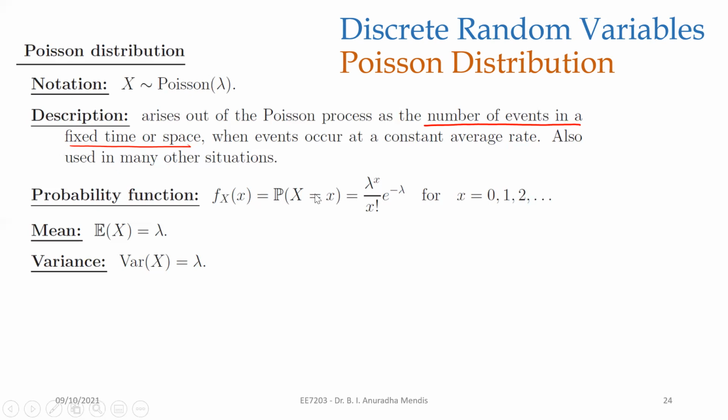This capital X is the random variable, and small x is a specific value of that random variable. So the random variable is the number of events in a fixed time, given a constant average rate of those events happening. You can obtain that probability by using this formula. This is what we call Poisson distribution. The mean value is lambda, and the variance is also lambda.